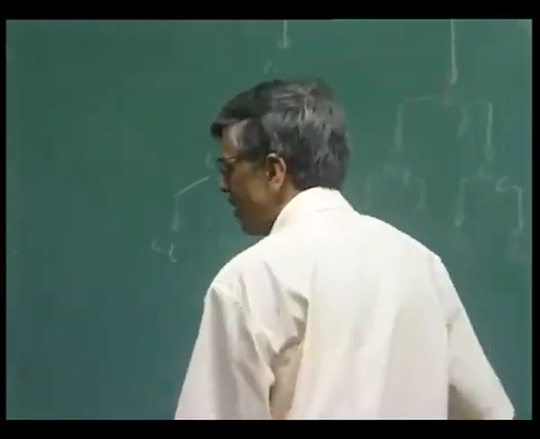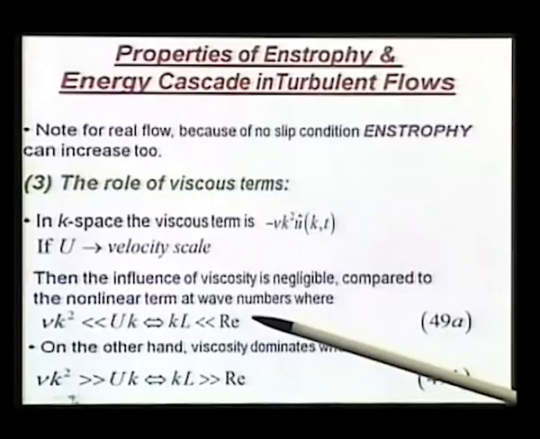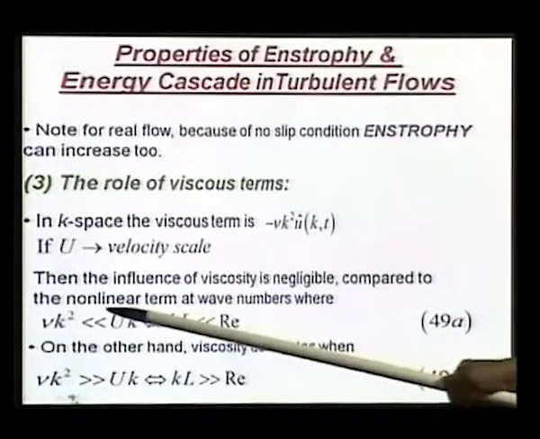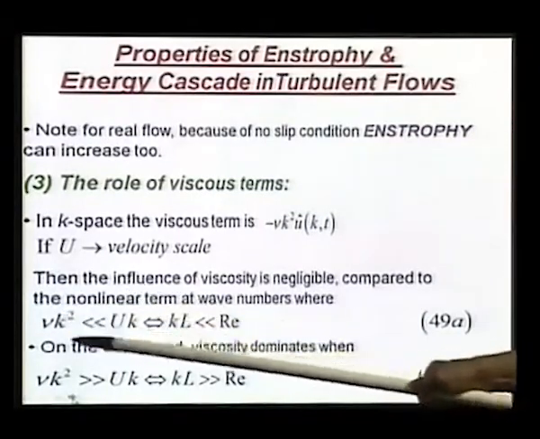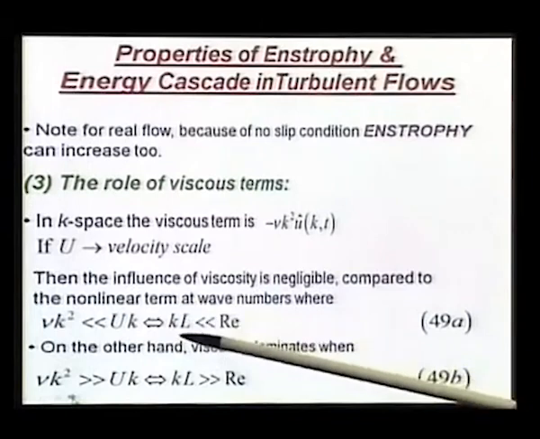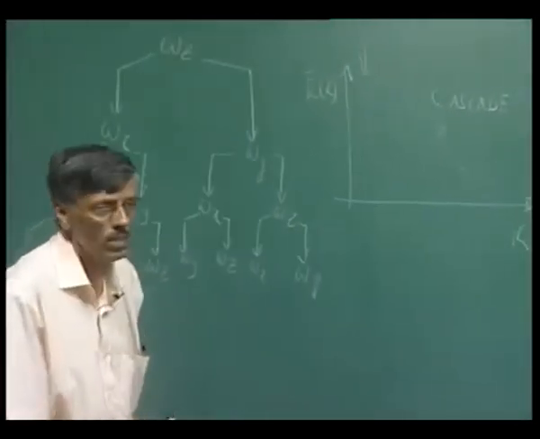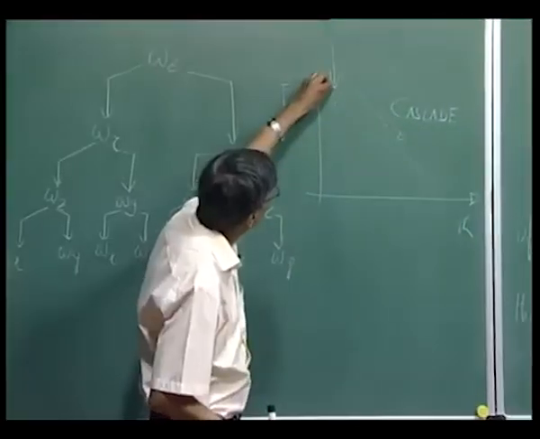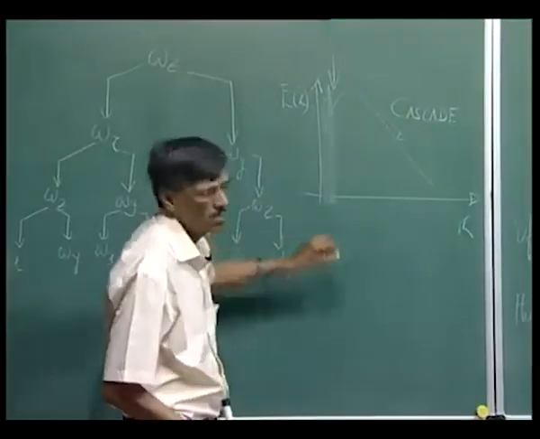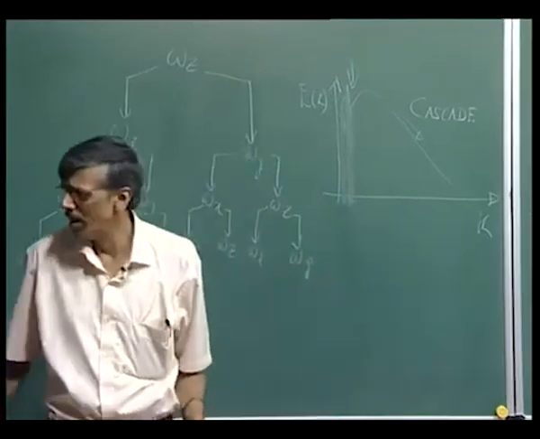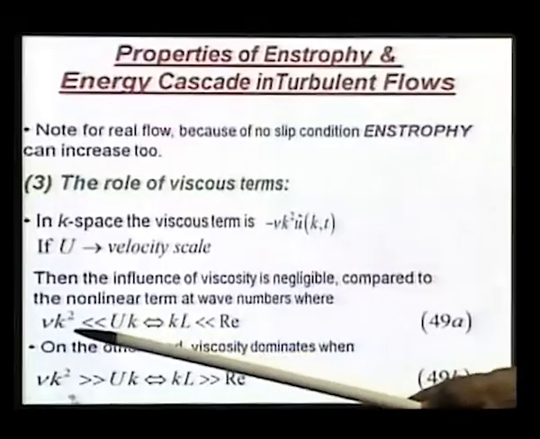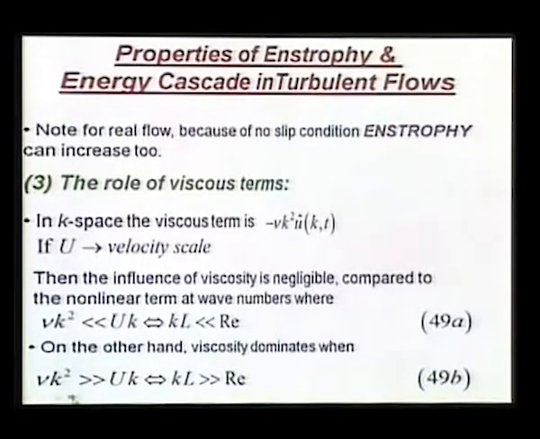That is what we are saying, because Re is large, and to have this condition validated, we must have the corresponding non-dimensional k much smaller than Re. So, this is the region where the viscous effects are negligible compared to the convection terms, nonlinearity.